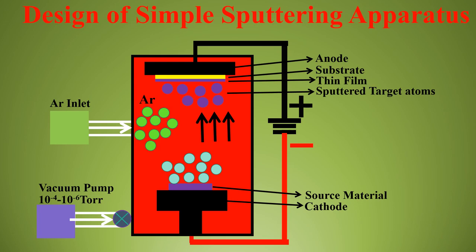Whereas if you want to remove the source material from inside, the argon ion must have energy higher than the binding energy of the atom inside the source material. So these are the key parameters which we need to understand in order to remove the material from the surface or from the inside.